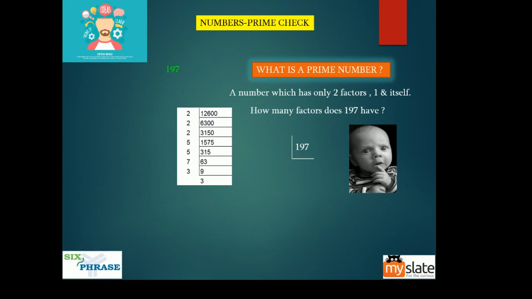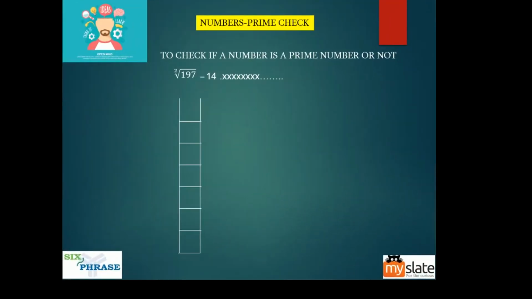Now we're going to take the same 197, guys. The shortcut is this: you take the square root of 197. It's something like 14 point something, because the square root of 196 is 14. Now take this 14 and put it here.